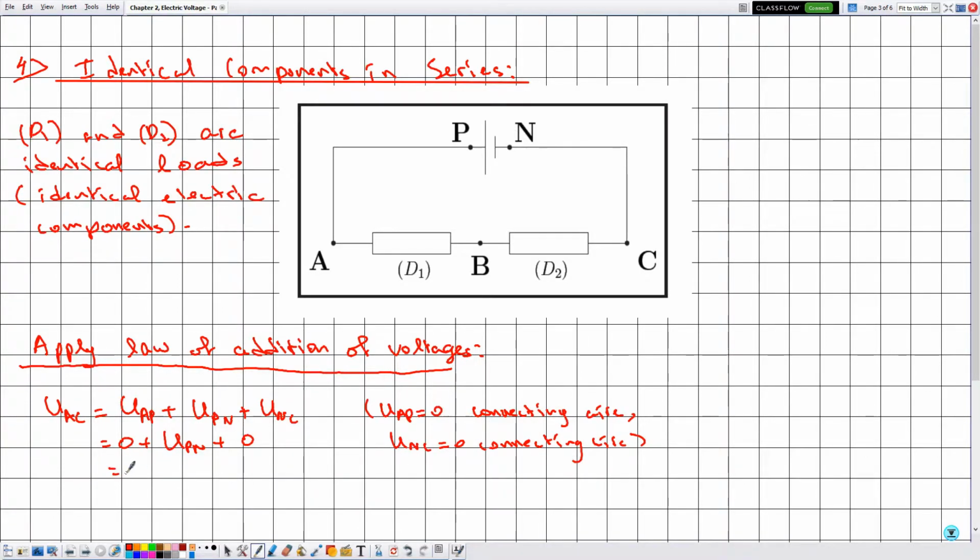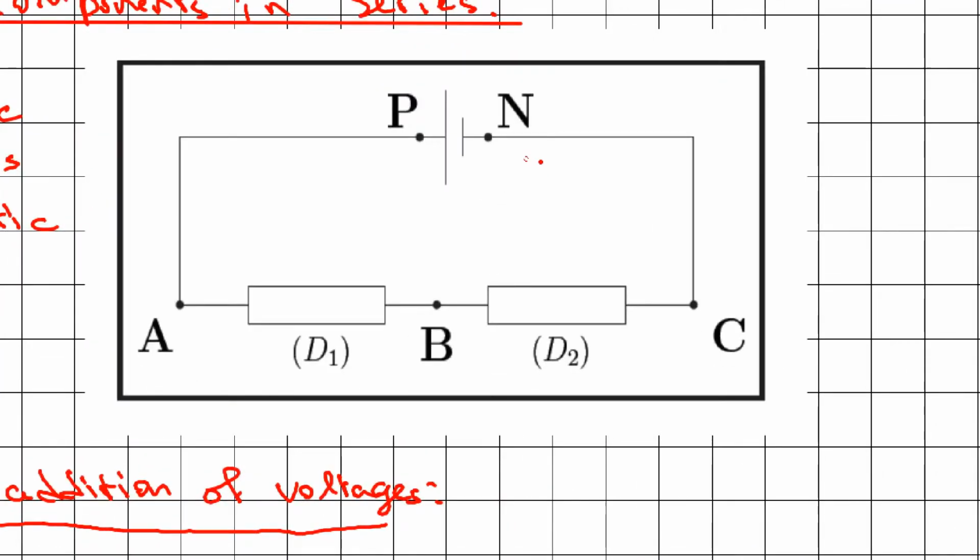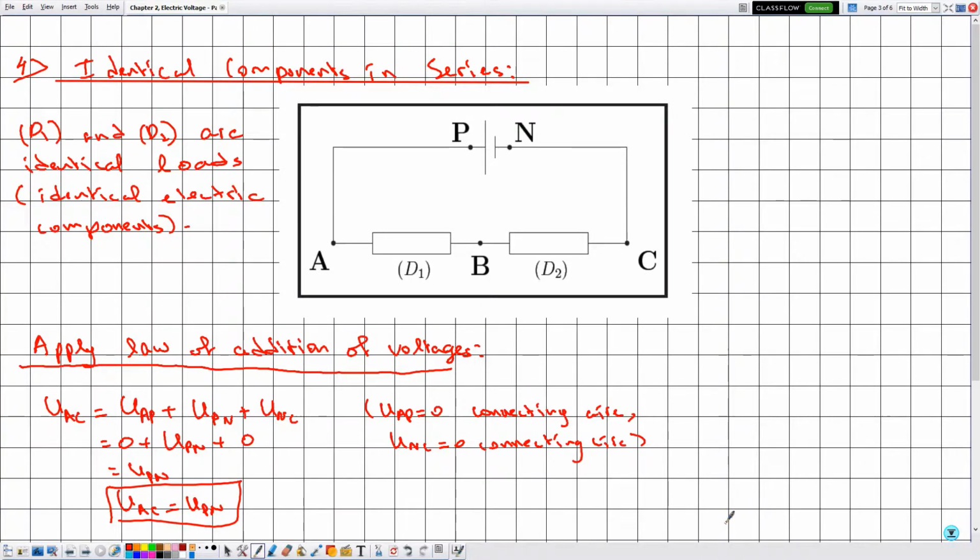So we have that UAC is equal to UPN. Okay, and this is reasonable because notice that the points A and C are in parallel with the battery. So here the first result is that UAC is equal to UPN.